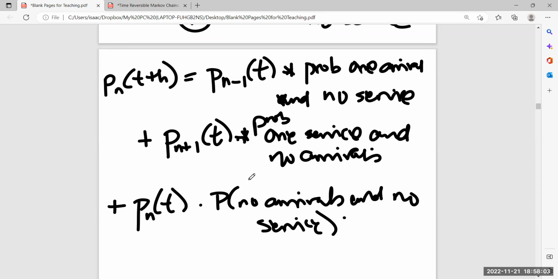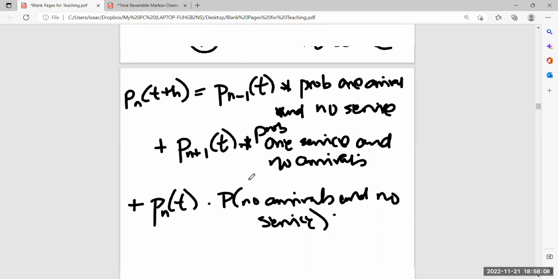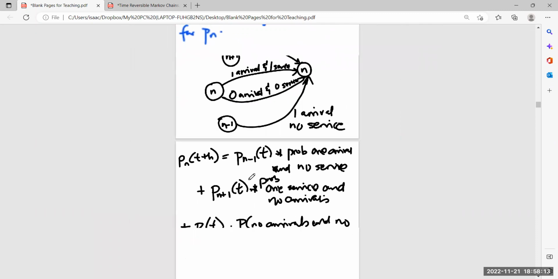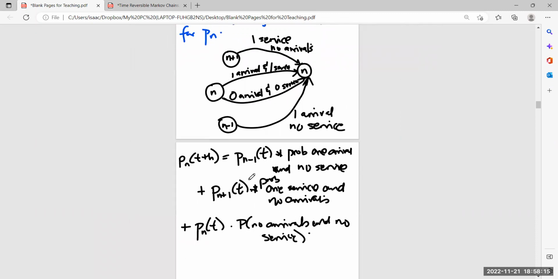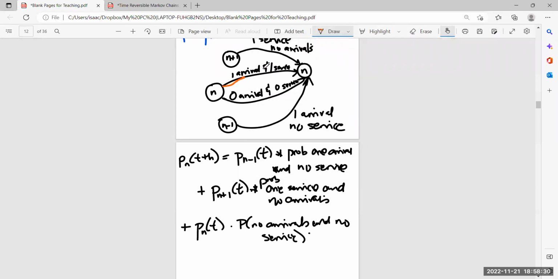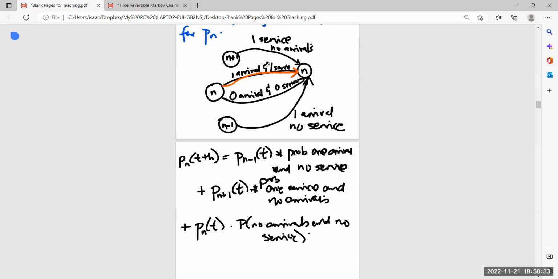Now I wrote down my answer like this, but is this equivalent to what we have here? Right, this one here. So we have everything here except this line here. Let me just put this line in orange. Now, who could tell me why I'm not including this inside here?